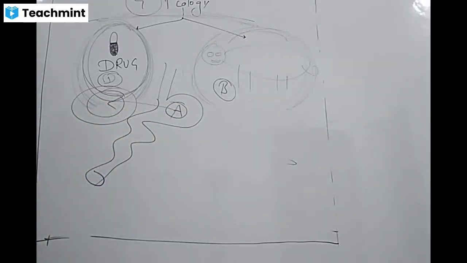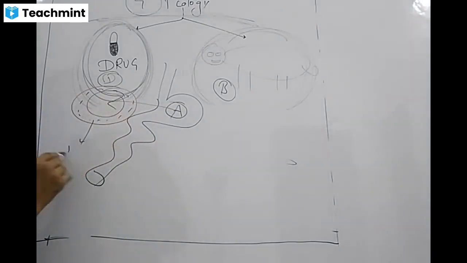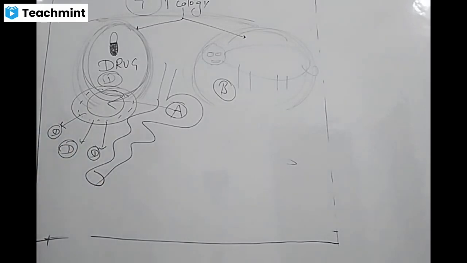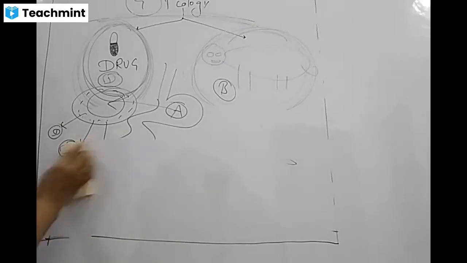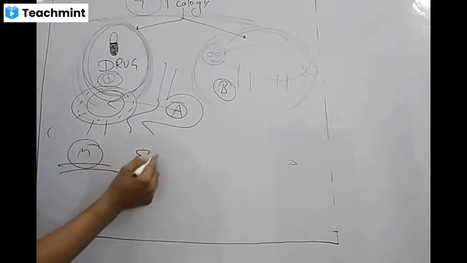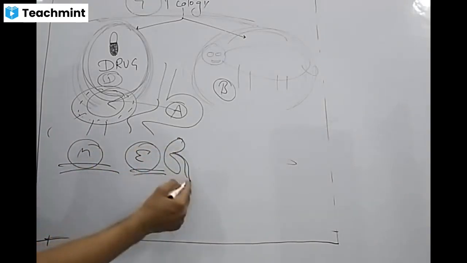And second, once it enters the blood circulation, it will distribute to different organs of our body like liver, GIT, kidney, eyes, everywhere. That is known as distribution. After distribution, it will enter into the organ of metabolism, the main organ is liver, or it may enter into the excretory organ, that is your kidney.